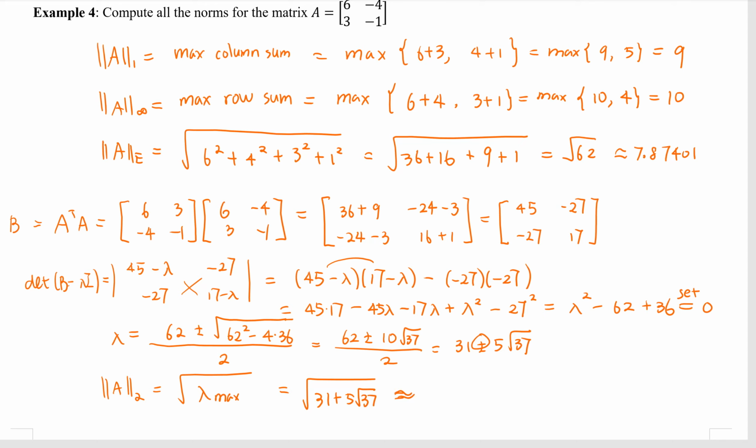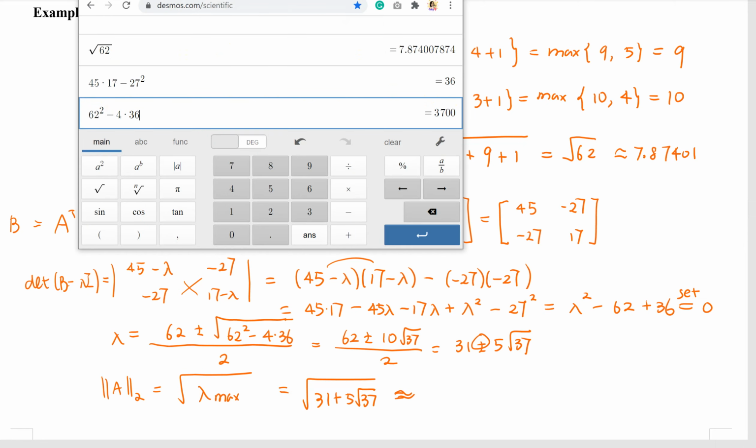Okay, what is this number? Calculator, where are you? Here. We do the square root of 31 plus 5 square root of 37. See?